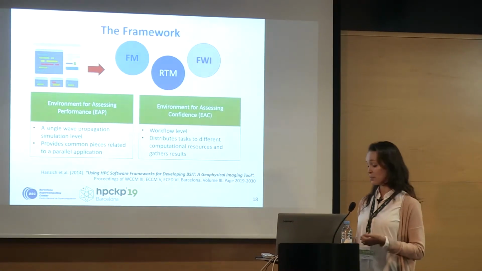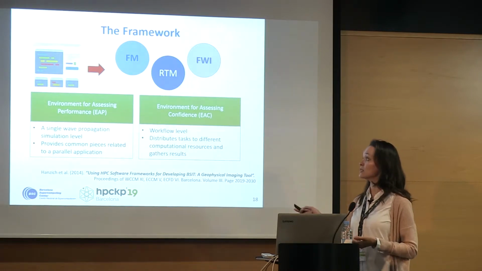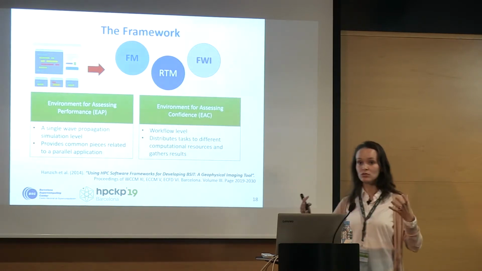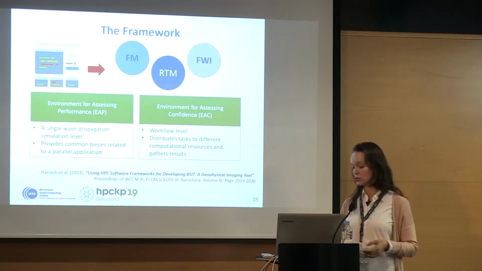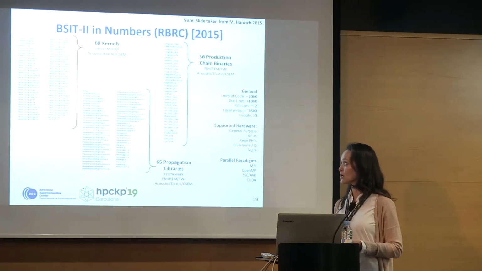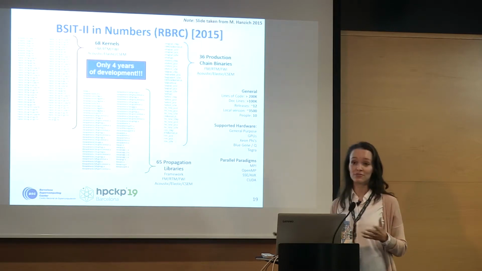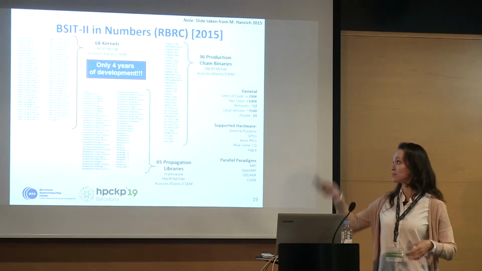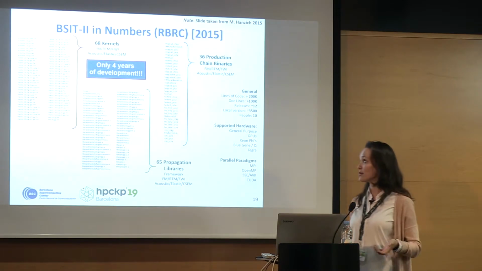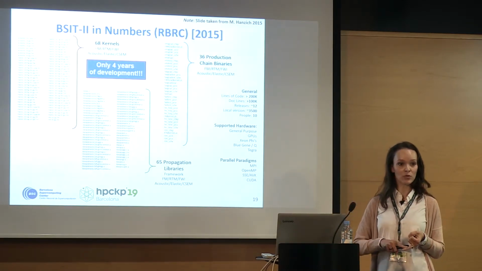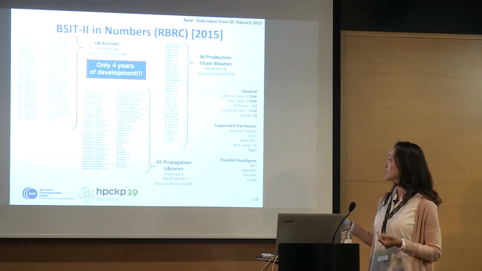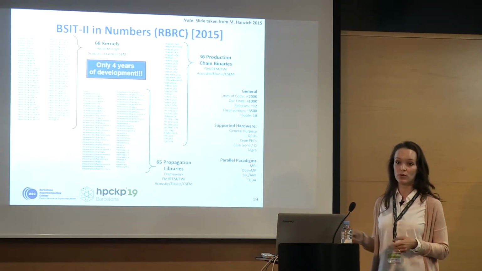So starting from one need, we decided to create a box where we can put pieces depending on the problem we want to solve. And of course, in less than 4 years, we multiplied by 20 the available kernels, the different problems we were tackling, and the different architectures that we were attacking at that moment.